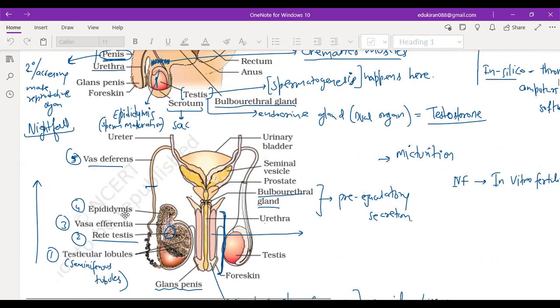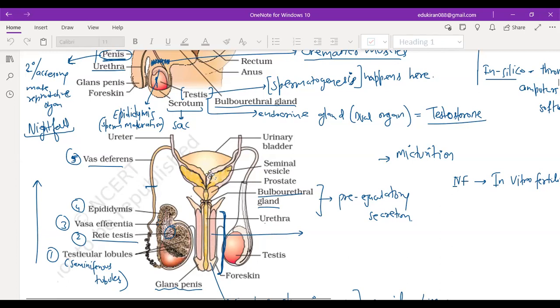All these things you will find in your NCERT and also when you go through the recorded videos. Then from the epididymis, it comes into the vas deferens, this tube here. The vas deferens from both the testes, from both sides, join at the seminal vesicle level to form the urethra. The urethra is a common opening for both the urinary excretory system and sperm ejaculation.